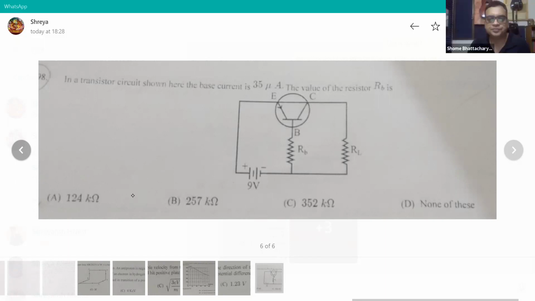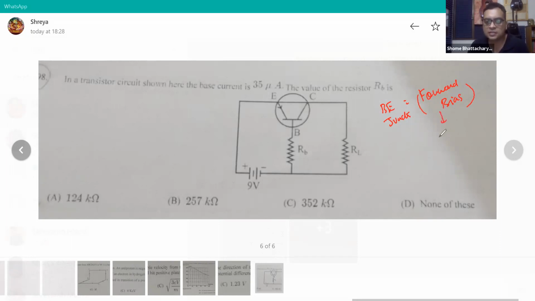Okay, so see, in this question, the concept we have to use is that this base emitter junction is in forward bias, you can see. Okay. Now, since nothing else is given about it, we have to assume that it's a standard type of semiconductor junction.